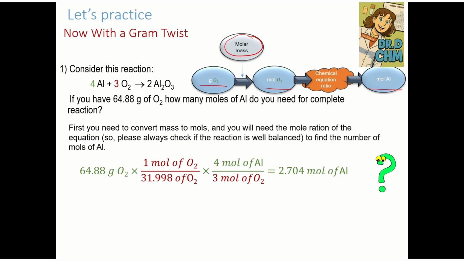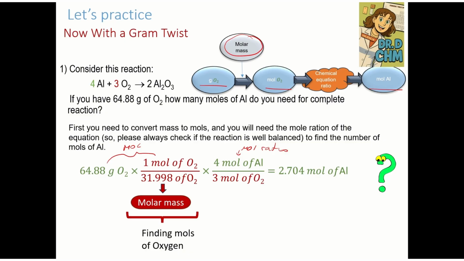Good? So the first step, the one that you didn't do in the last problem, is to convert to moles. And then you use the mole ratio. Okay? So we have the molar mass to find the moles of oxygen, and then we have the equation ratio to find the moles of aluminum.